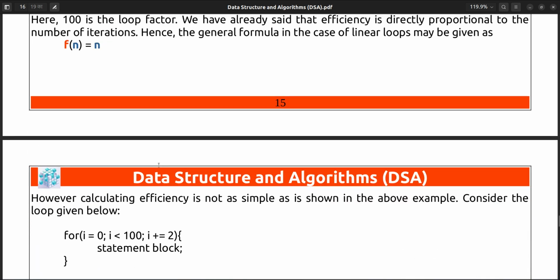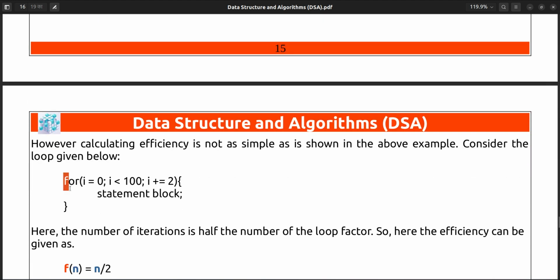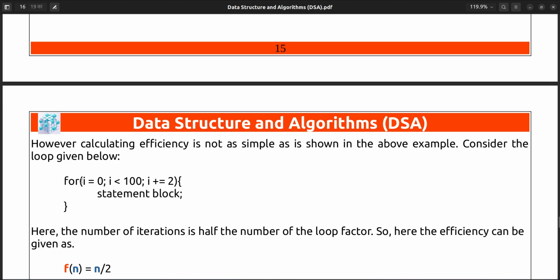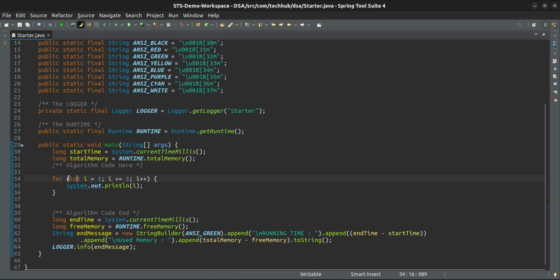Okay. Next one is, however, calculating efficiency is not as simple as shown in the above example. Consider the loop given. Now you can see this loop. Just copy it here, paste it here, and you can give int.